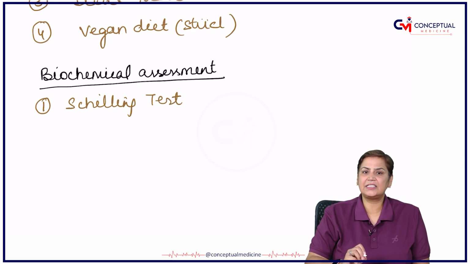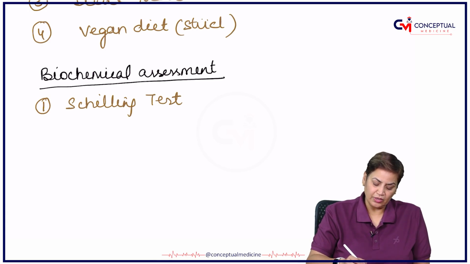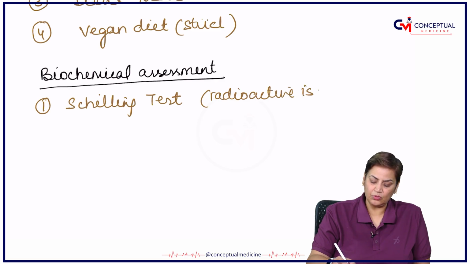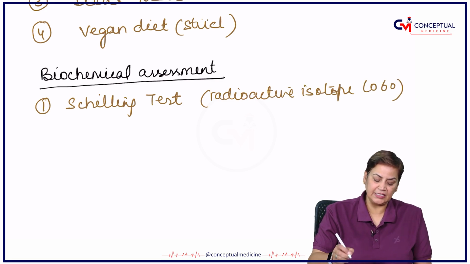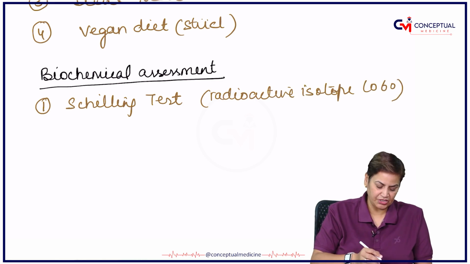In Schilling's test, we use a radioactive isotope cobalt-60. So radioactive isotope cobalt-60 is used for the detection.